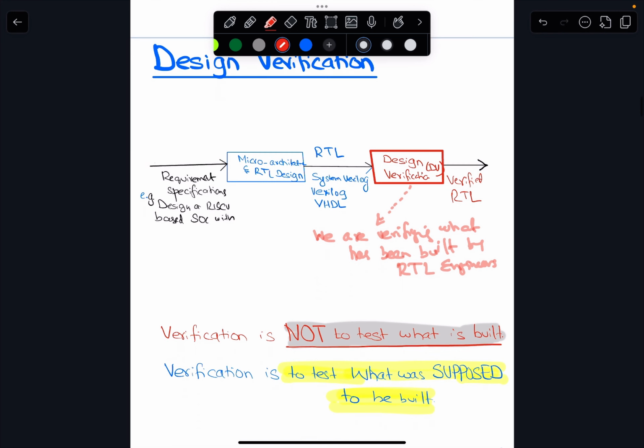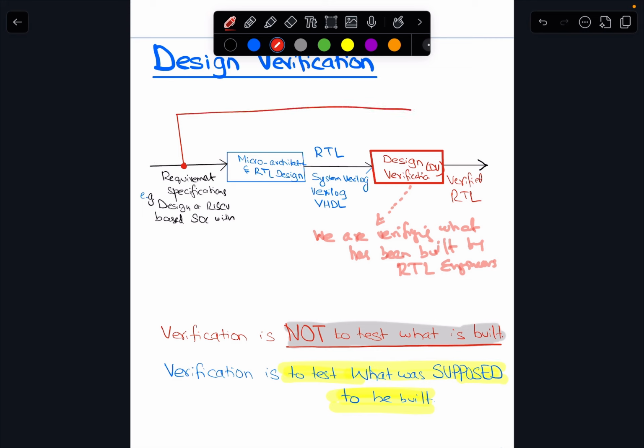Instead, verification is to test what was supposed to be built. And what is supposed to be built was provided by the requirements.